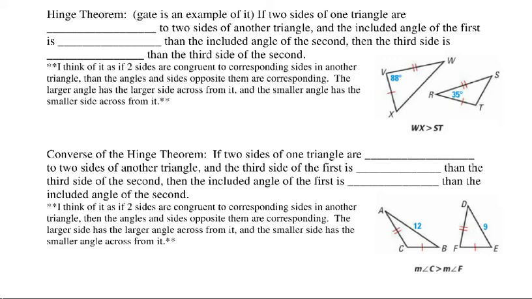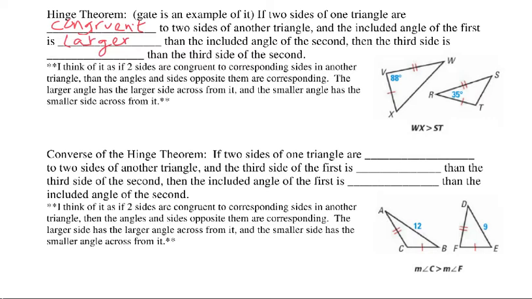So when we have two different triangles right here, first we have two sides of one triangle that are congruent to two sides in another triangle. And the included angle of the first, this 88, is larger than the included angle of the second.